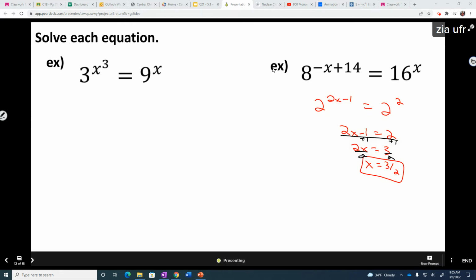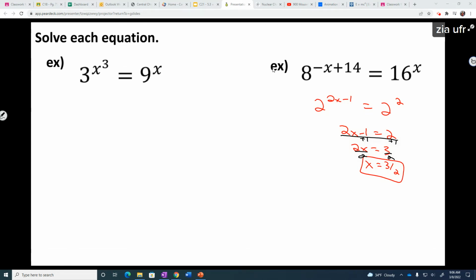Okay, 3 to the x cubed equals 9 to the x. So it should be pretty obvious which one we want to change, right? Want to change the 9? 3 squared? So we're going to keep 3 to the x cubed. And then 9 we'll want to write as 3 squared.